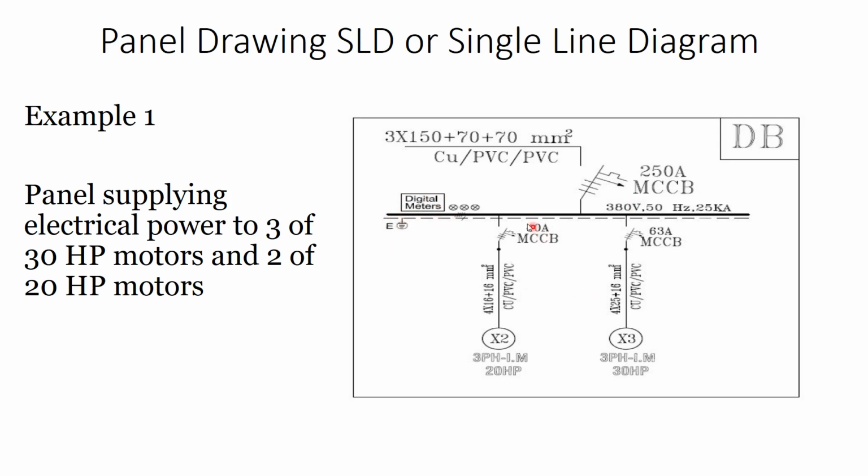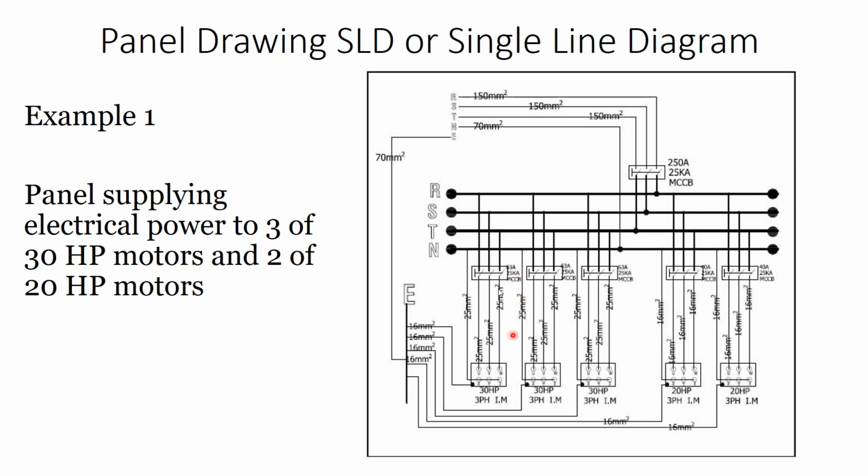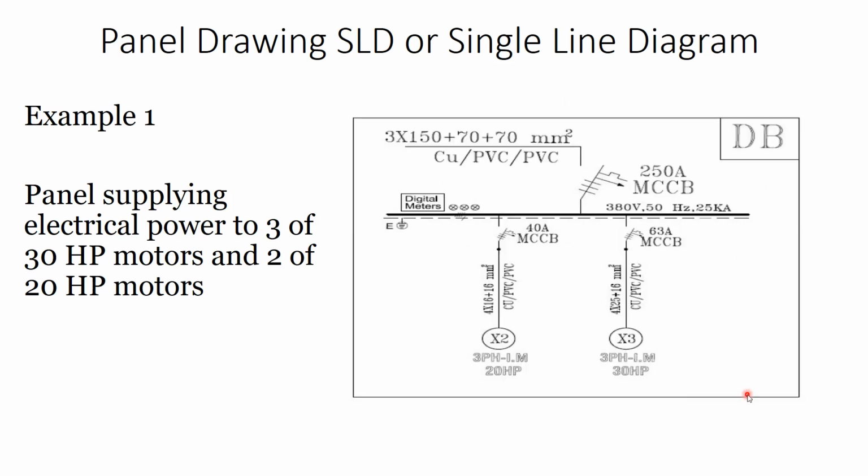Now the outgoing: we have this one similar to this one, 30 horsepower, 30 horsepower, 30 horsepower, 20 horsepower, 20 horsepower. So we have here X2 and X3. X3 is for a 3-phase induction motor, 30 horsepower.